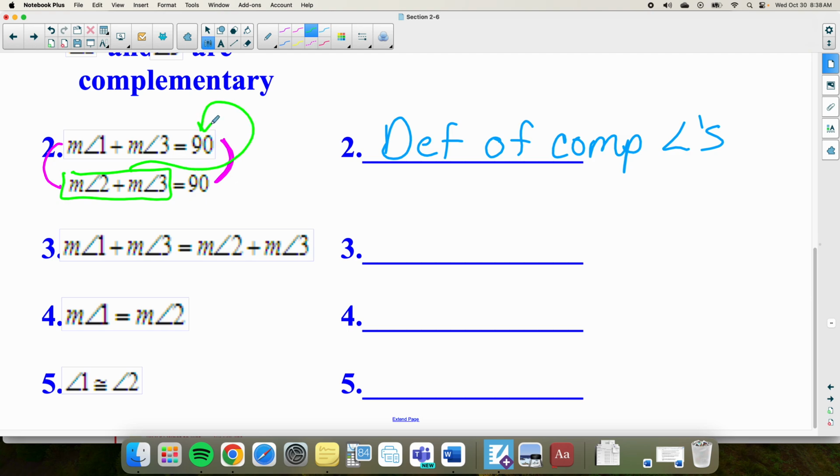So that makes these two sides equal. When they do that, what do you think that would be? Yep, substitution property. Okay, now does anyone see what they did from step 3 to step 4?